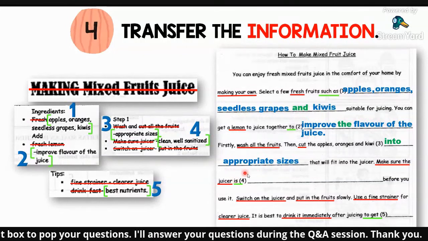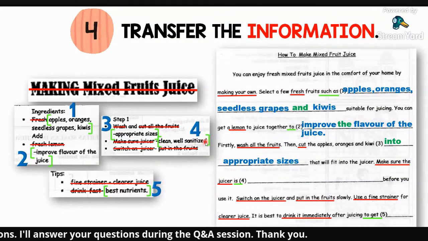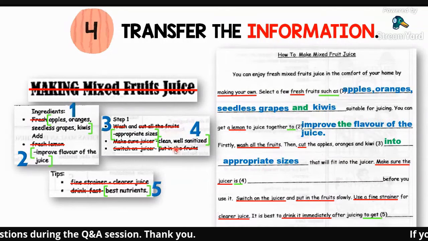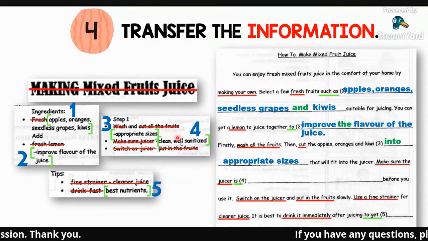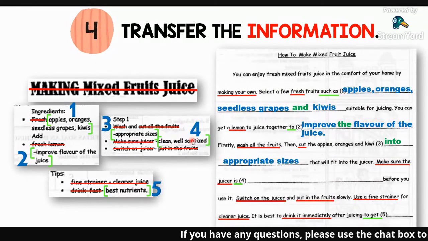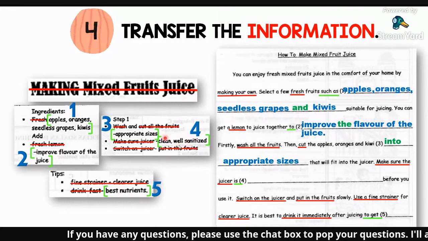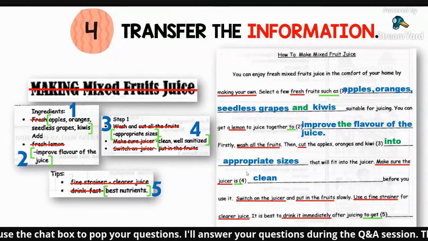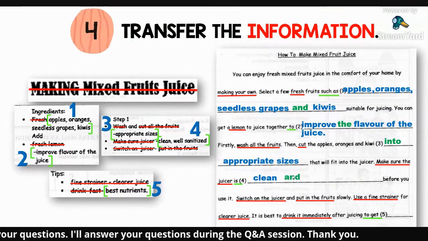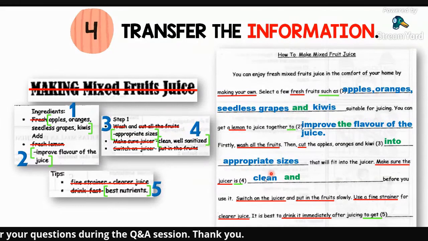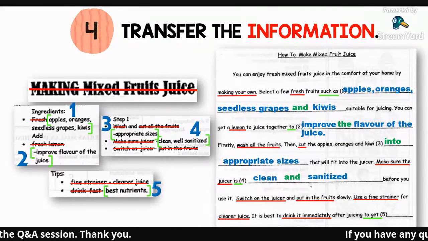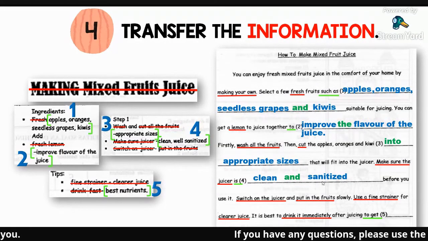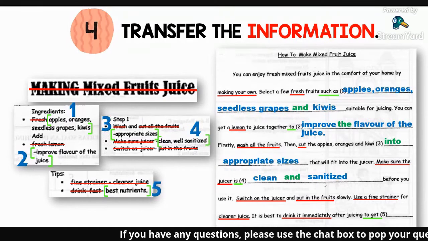So for number 4, clean, well sanitized. Now look at the comma over here. So we have 2 words. How is the comma going to work? What is going to happen to that comma? Yes, it is going to be the word and. So clean and well sanitized. Okay.